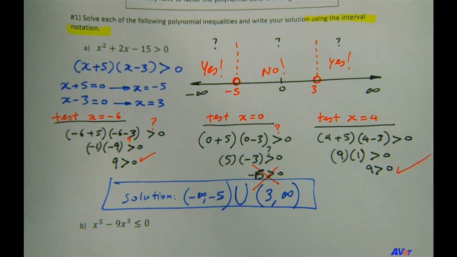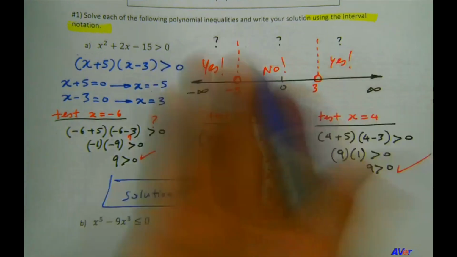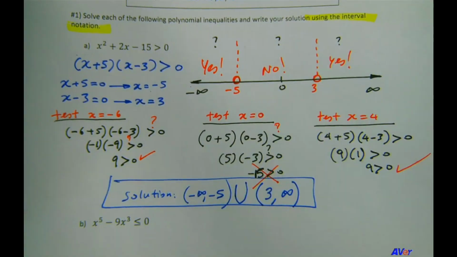Okay, do you see now how the critical values or boundary solutions are effective in finding the solutions of these kinds of problems? They are essential. Without them, we have infinitely many numbers to check. Okay, this one.